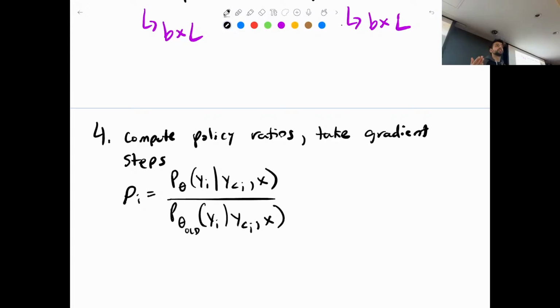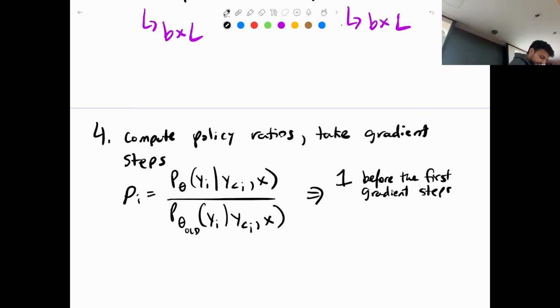And the whole point of this policy ratio is that for any given batch, we are going to take multiple gradient steps before we move on to a new batch and generate new responses. And so this policy ratio is 1 before the first gradient step, and then it changes as you perform multiple gradient steps on the batch.